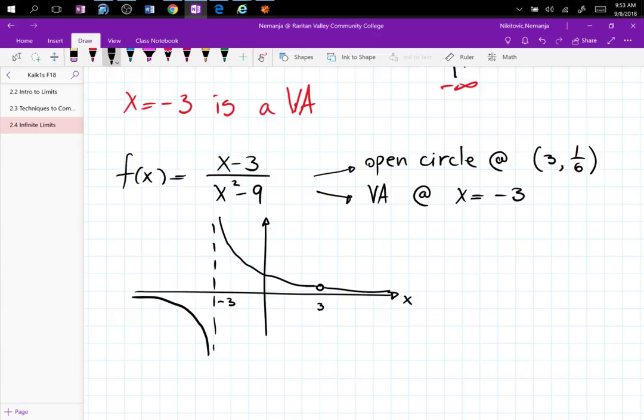I hope that you see a missing pixel above the tick mark, right? That's the open circle, which happens at 3, 1 over 6.